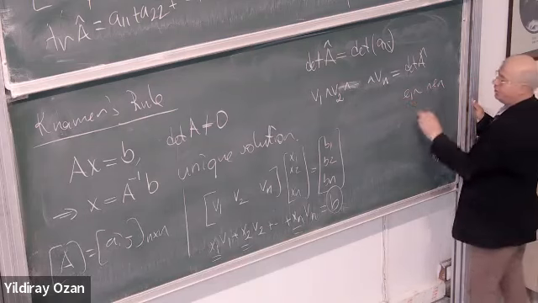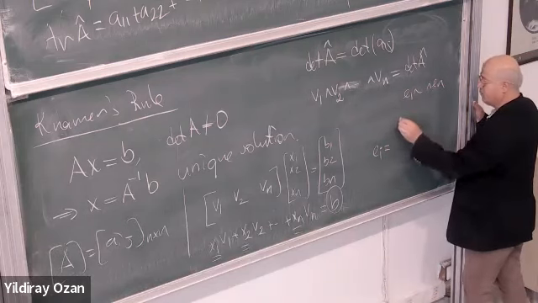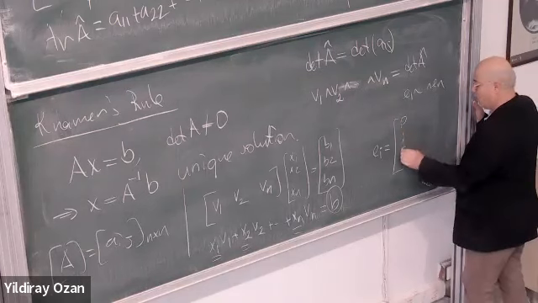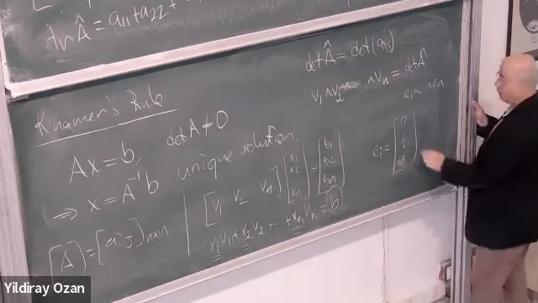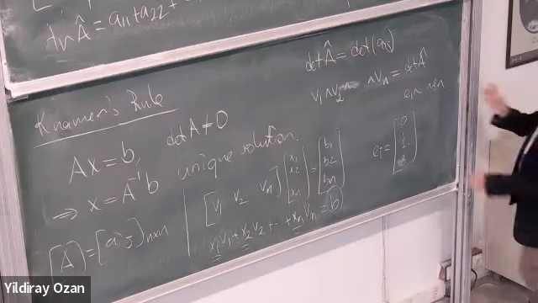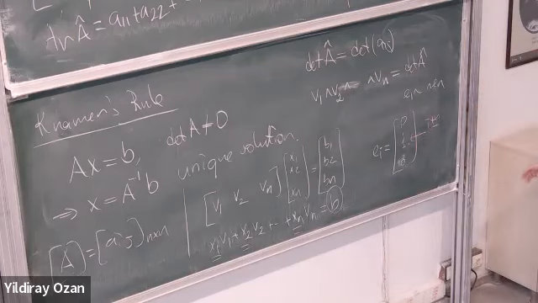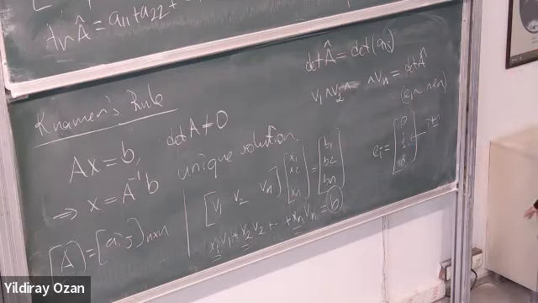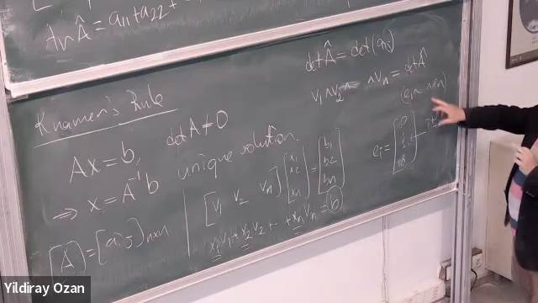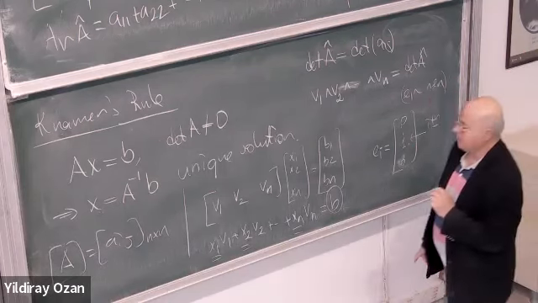Here, Ei is just this column, let's say 0, 0, 1, so you have 1 in the ith place. Okay. So the determinant of A is just this expression.